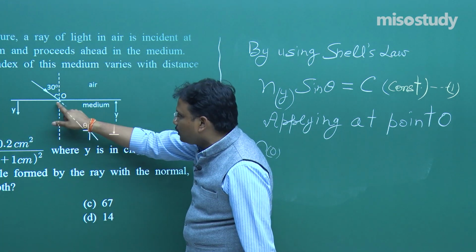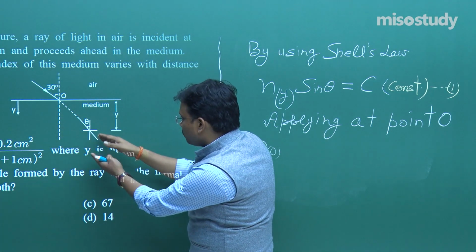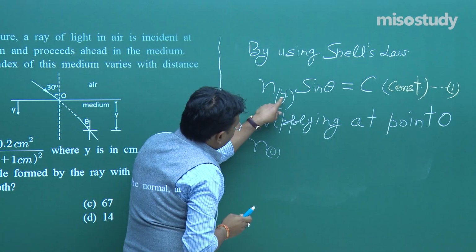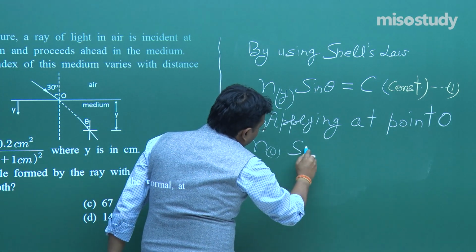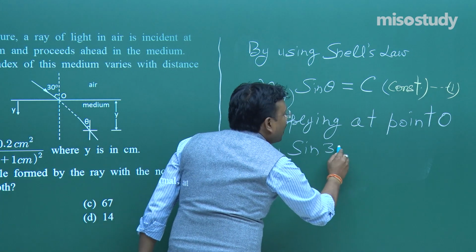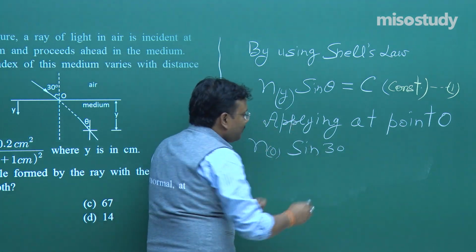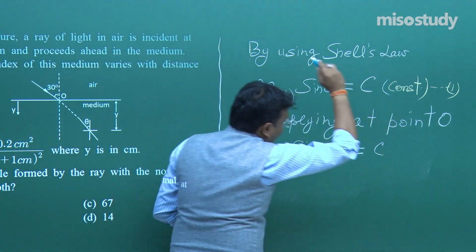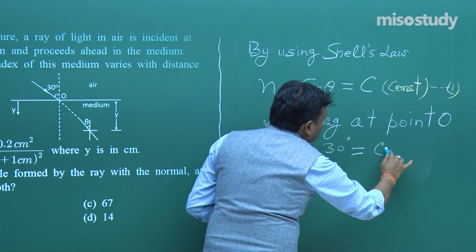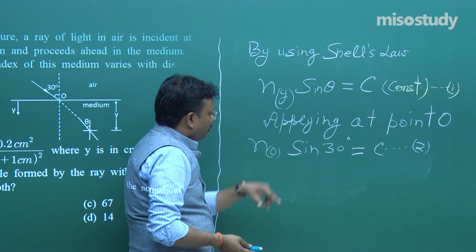It is just at the verge. After that we will start moving inside. So rather than y, it is going to be 0, and then the most difficult part, I hope you will appreciate it, that is 30 degrees. Fine, n_0 sin 30 degrees is equal to the same constant c. Let us say this is equation number 2. If you wish, you can give it a name, no problem.